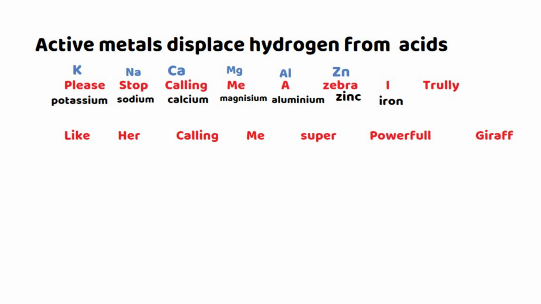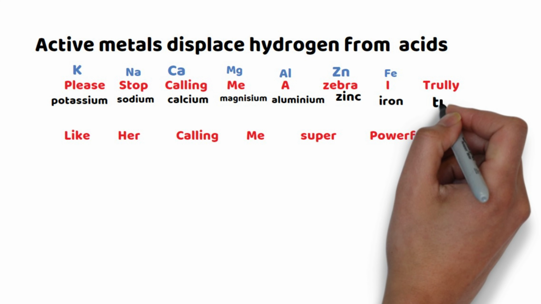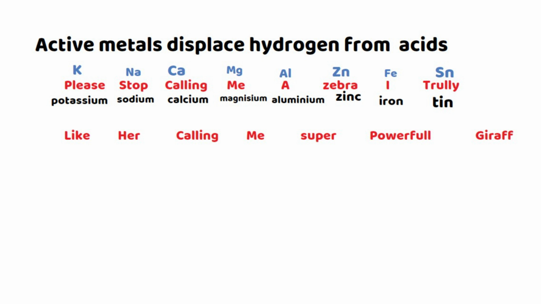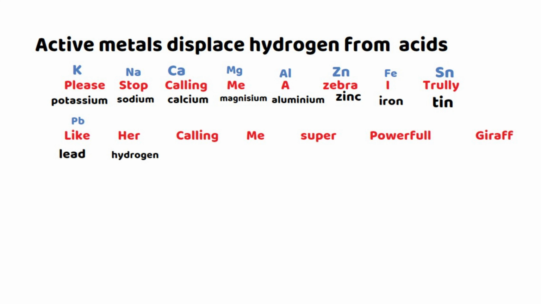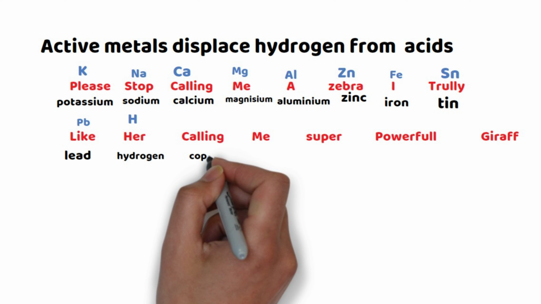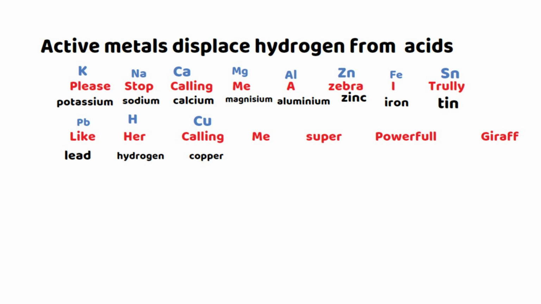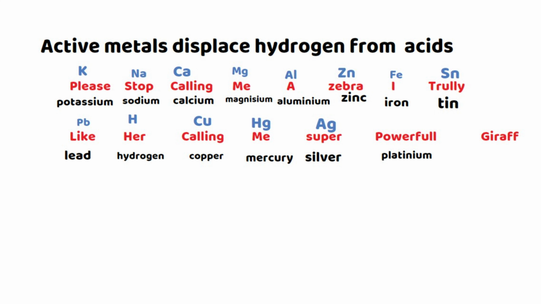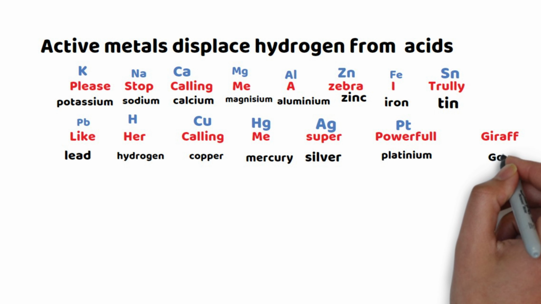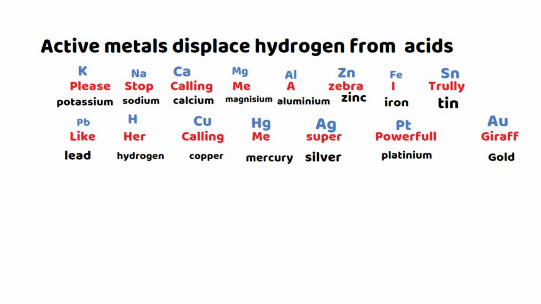I for iron, symbol Fe. Truly for tin, symbol Sn. Like for lead, symbol Pb. Her for hydrogen, symbol H. Calling here for copper, symbol Cu. Me for mercury, symbol Hg. Super for silver, symbol Ag. Powerful for platinum, symbol Pt. Giraffe for gold, symbol Au.